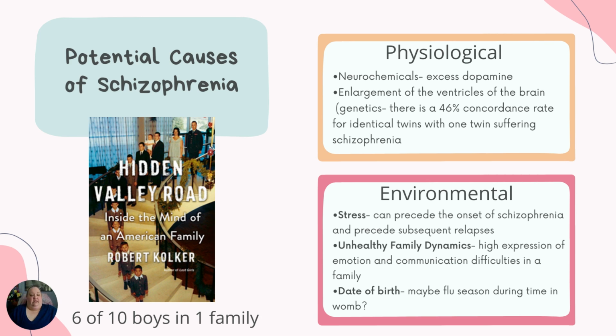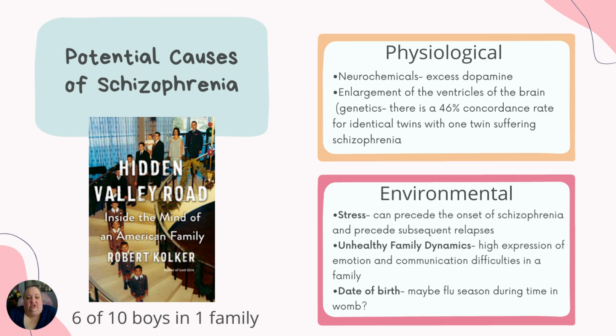There is a book that came out within the last 5 years called Hidden Valley Road. It is looking at one family in the 1970s where 6 out of the 10 boys in the family, there were actually 11 children, there was one girl, 6 out of the 10 boys in one single family all had schizophrenia.